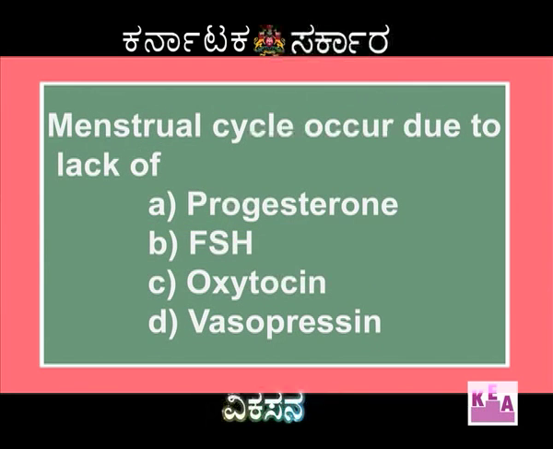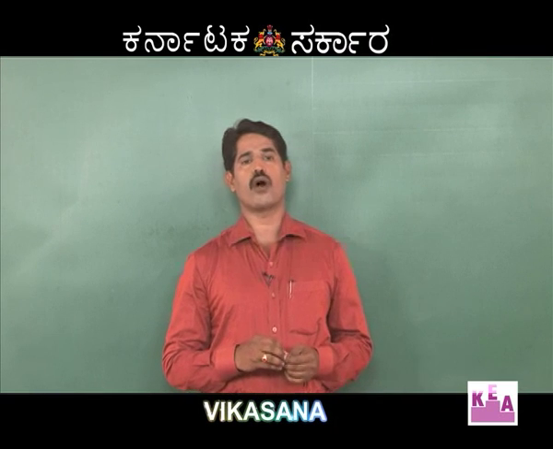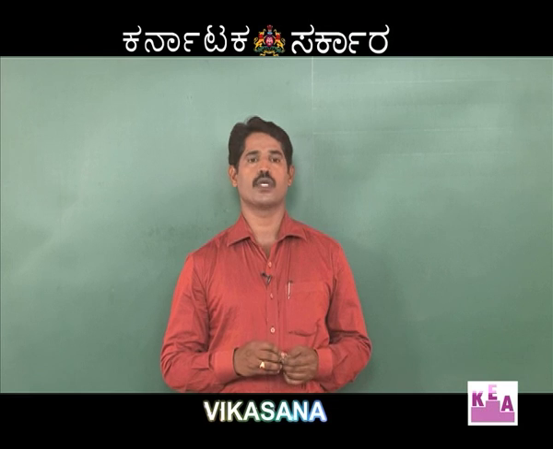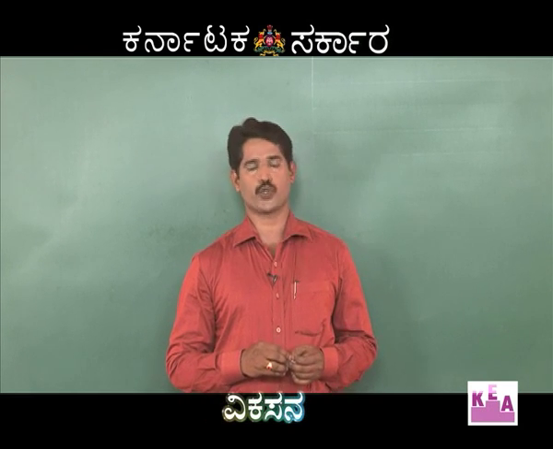The menstrual cycle occurs due to lack of which hormone? Options are progesterone, follicle stimulating hormone, oxytocin, vasopressin. So, dear students, you know that the menstrual cycle in human females is also called the reproductive cycle. It is mainly under the control of four different hormones: FSH, LH, progesterone and estrogen.